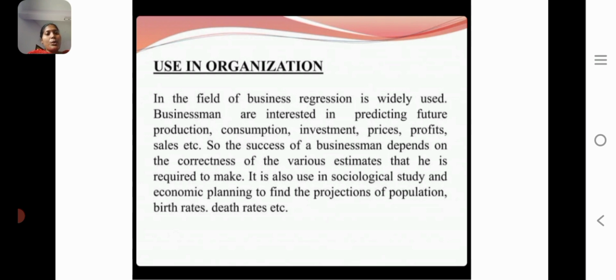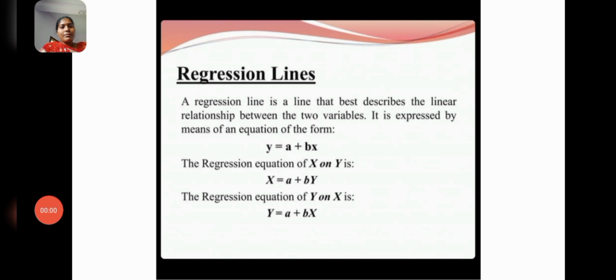It is also used in sociological studies and economic planning for the projection of population, birth rates, death rates, etc. Then we see the regression line. A regression line is a line that best describes the linear relationship between two or more variables.